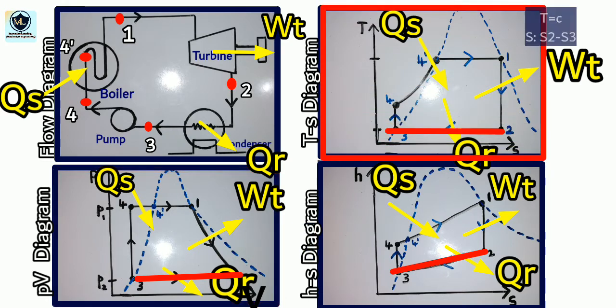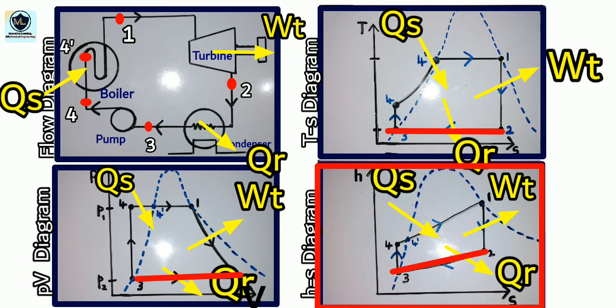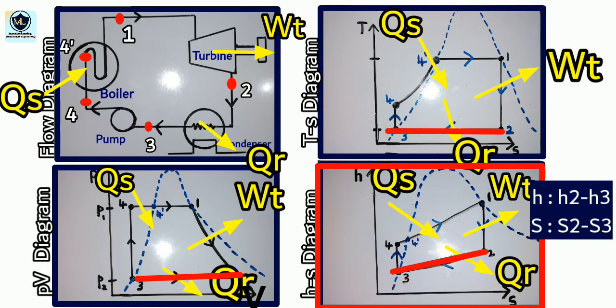In TS diagram, temperature remains constant, that is T2 equals T3, and entropy falls from S2 to S3. Moving on to the HS diagram, enthalpy falls from H2 to H3 and entropy falls from S2 to S3.